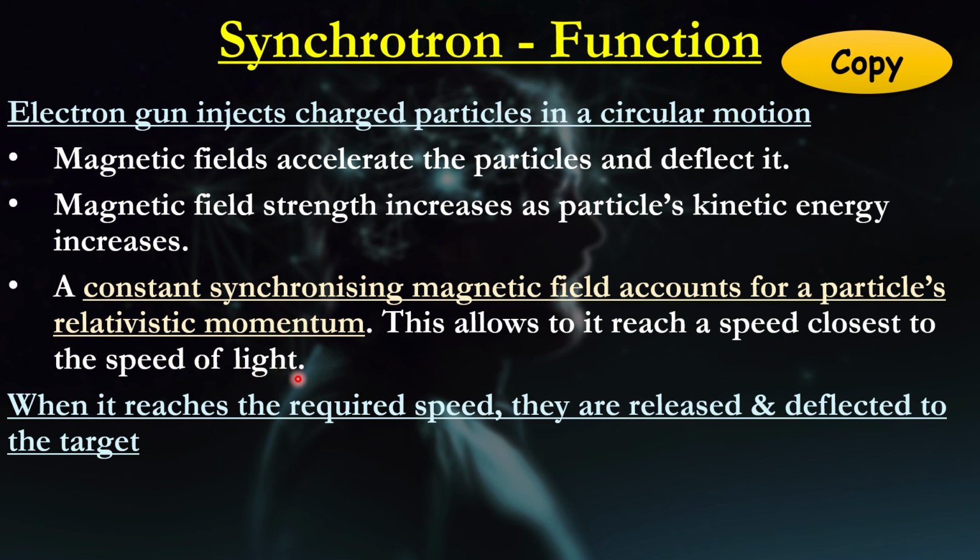As we said before, the closer we are to the speed of light, the more difficult it is to make it move faster. So the fact that our magnetic field will increase because of that change makes it a lot easier to reach that really high speed that we're looking for.